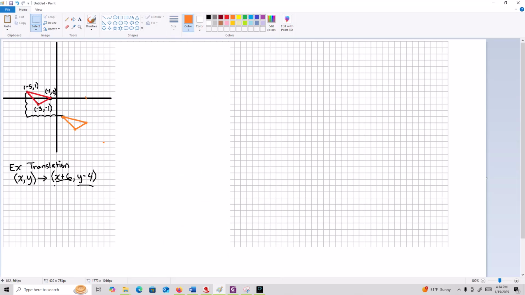Here's an example of the red triangle. If you will direct your attention to point -5, 1, right there.